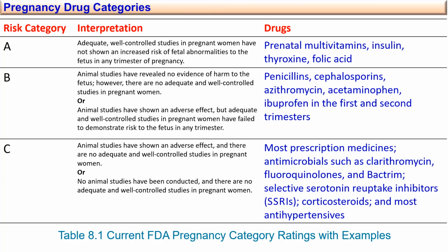And then under C, we have more medications. D, some drugs, and then under X, these are absolutely contraindicated. So we have to be careful prescribing any of these medications under X classification. Clomiphene, isoproterenol, Accutane, fluorouracil, misoprostol, and so on.